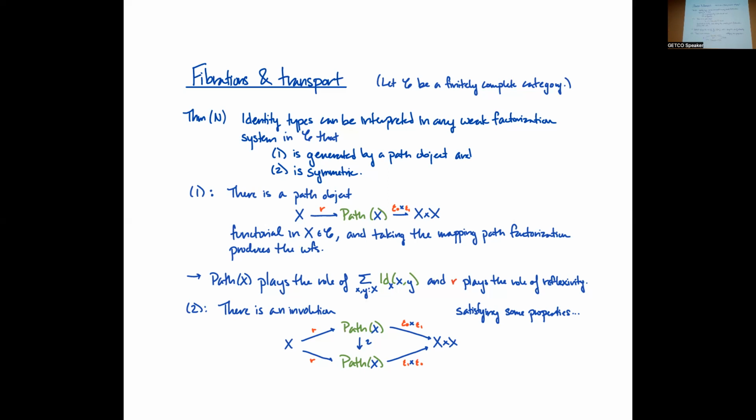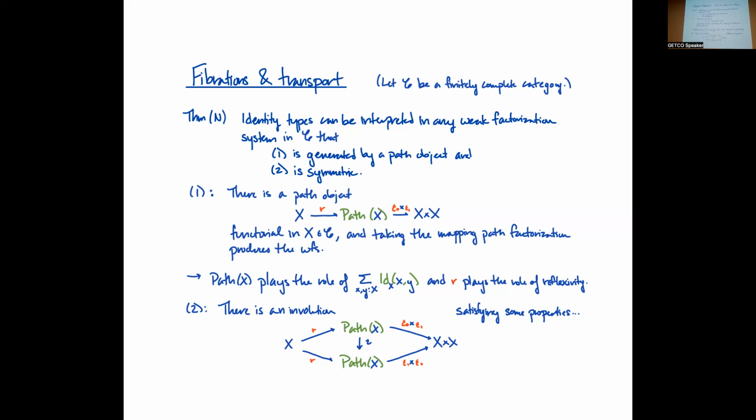Okay, and then two, the fact that the weak factorization system is symmetric means that there is an involution, in particular on this path space, that preserves reflexivity terms, or makes this triangle commute, and switches epsilon 0 to epsilon 1, switches the endpoints.